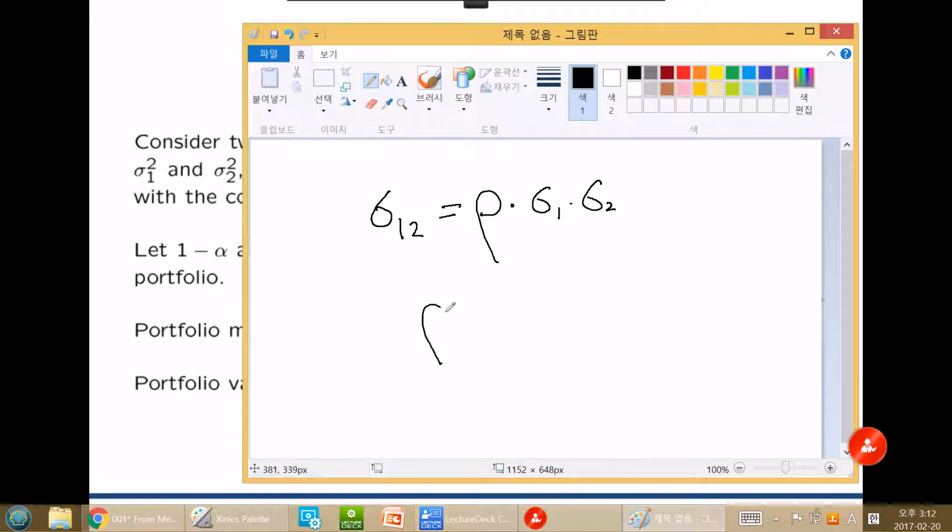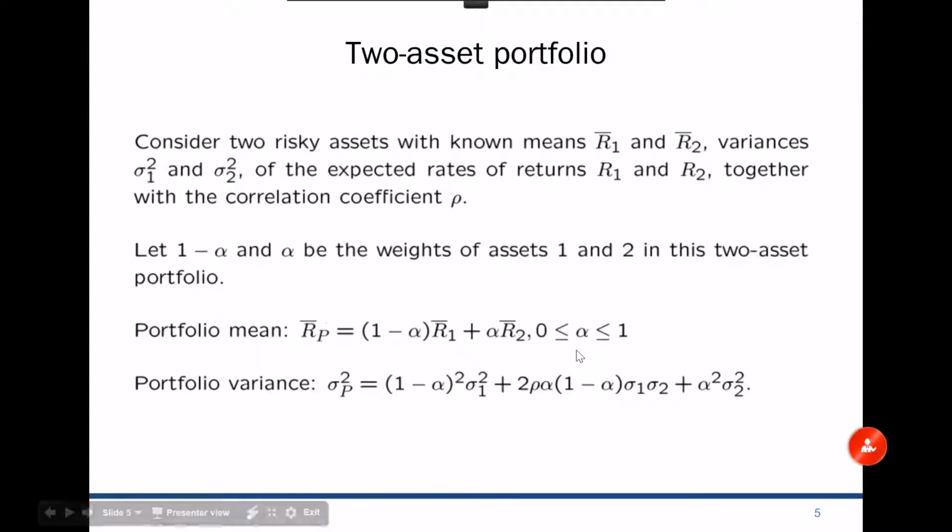So usually the correlation between the two assets is defined as, actually, the covariance of 1, 2 divided by the standard deviation of each asset. Right? It is the definition of correlation. So if we use this one, then we have this notation. Right? Now we have the portfolio mean and portfolio variance, right?